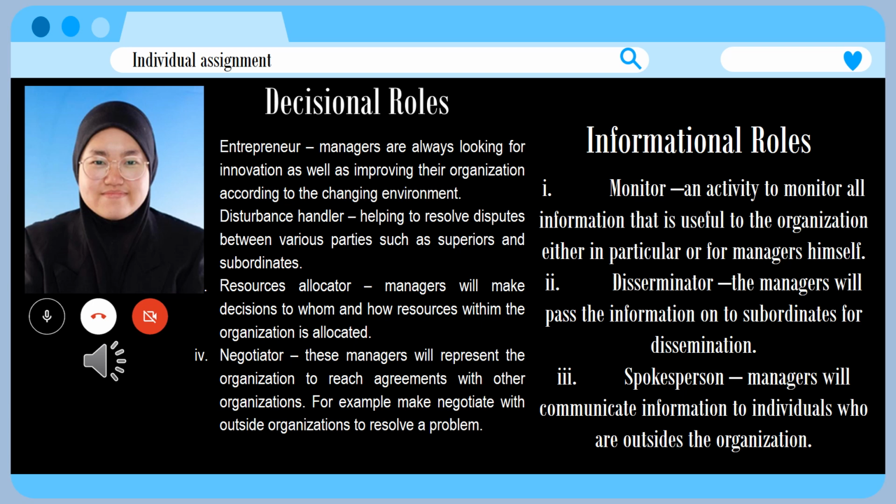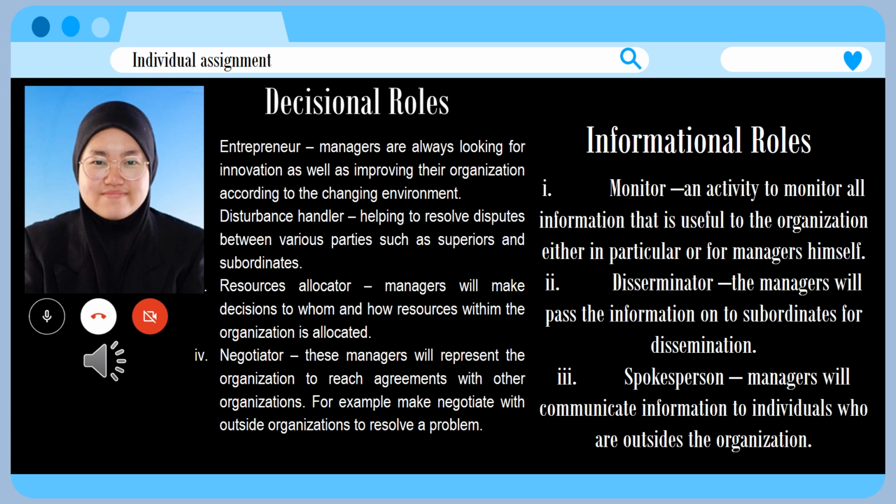Inside the decisional roles, we have entrepreneur, disturbance handler, resource allocator, and also negotiator. For the entrepreneur, managers are always looking for innovation as well as improving their organization according to the changing environment. The disturbance handler helps to resolve disputes between various parties such as superior and subordinate.